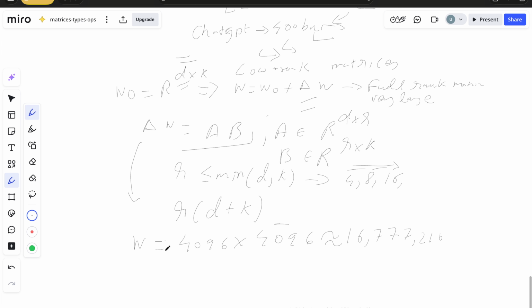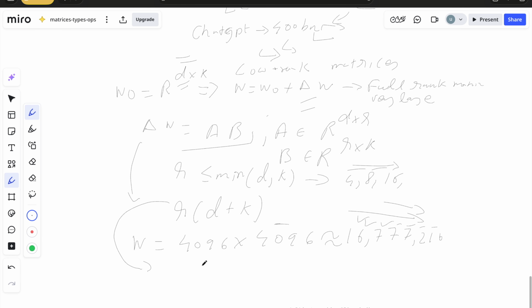Now, if you go by traditional fine tuning, you need to update all these parameters, so many parameters and so much time. But LoRA says that this could be reduced to what?